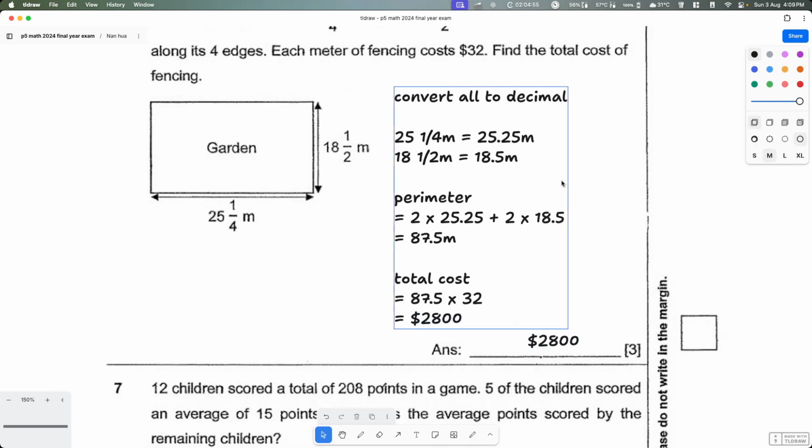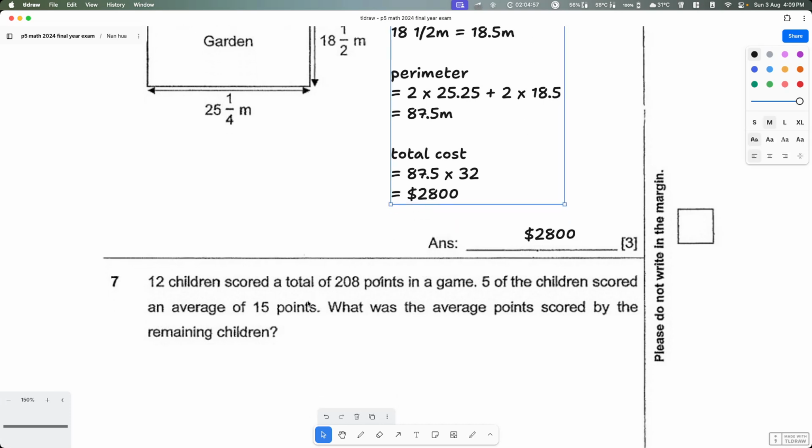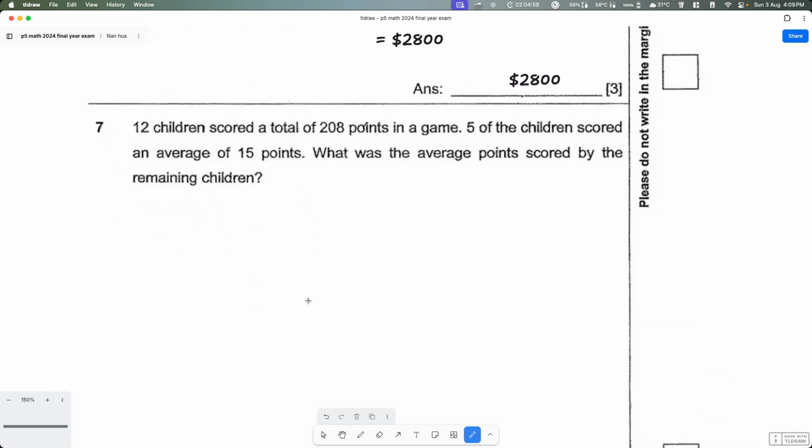Okay, let's move on to the next question. Question number 7. 12 children scored a total of 208 points in a game. 5 of the children scored an average of 15 points. What was the average points scored by the remaining children?